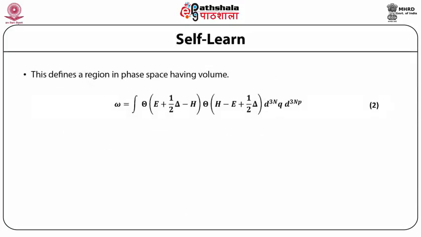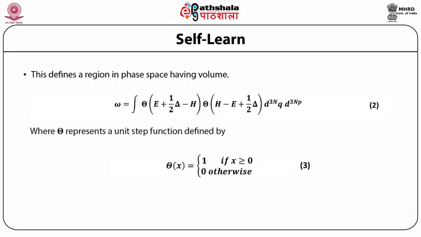This defines a region in phase space having volume omega equal to the integral of theta function of E plus half delta minus H multiplied by theta function of H minus E plus half delta over the phase space, where theta represents a unit step function defined by theta x equal to 1 if x is greater than or equal to 0, and 0 otherwise.